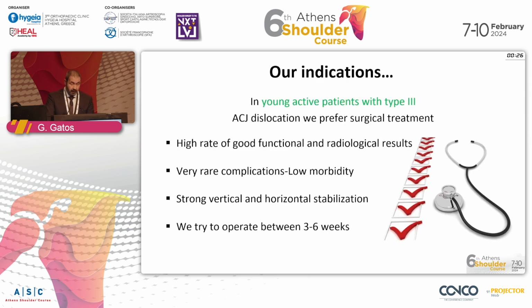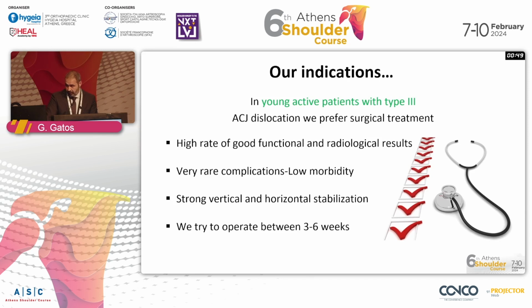Our indications: in young, active patients with type 3 AC joint dislocation, we prefer surgical treatment. We propose, to be honest, achieving a high rate of good functional and radiological results with strong vertical and horizontal stability, and low morbidity is our purpose.